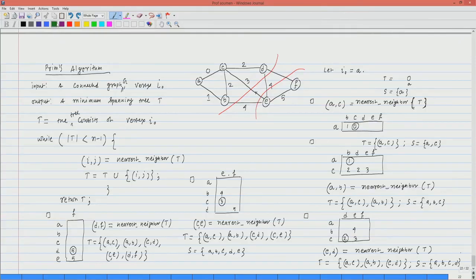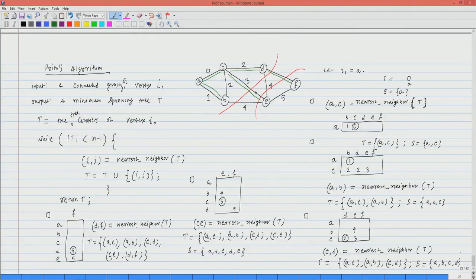So, the tree edges are AC, AB, CD, CE and DF, and that is the minimum spanning tree.